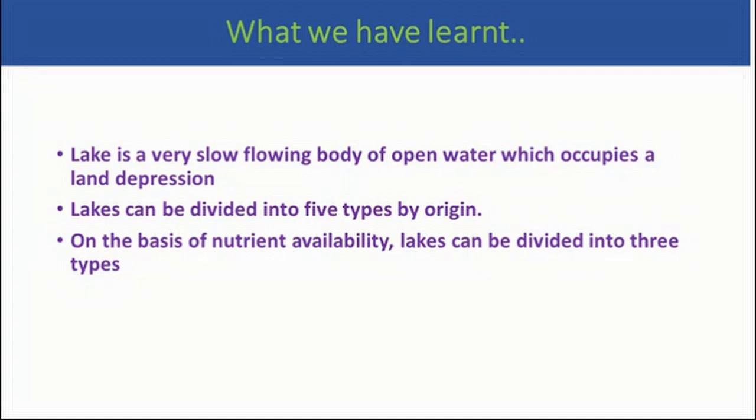On the basis of nutrient availability also, we can divide lakes into different types. We have many more things to know about lakes. In the next class, we will learn how we can classify lakes on the basis of thermal stratification. So students, till then, thank you.